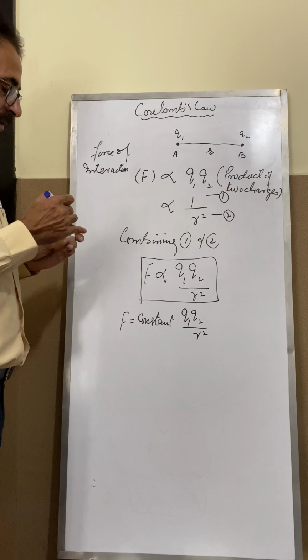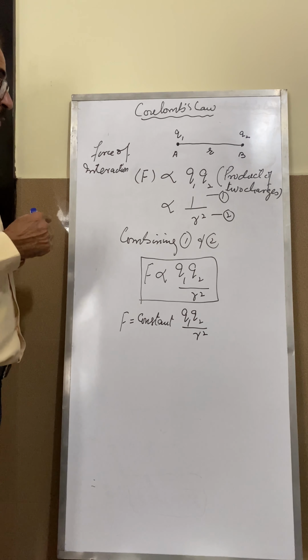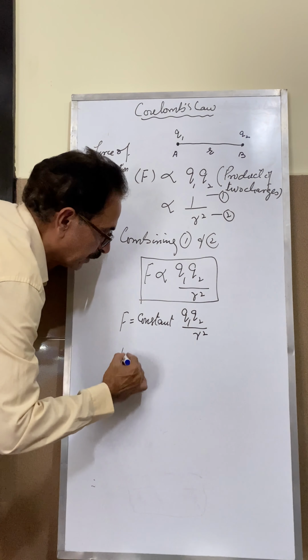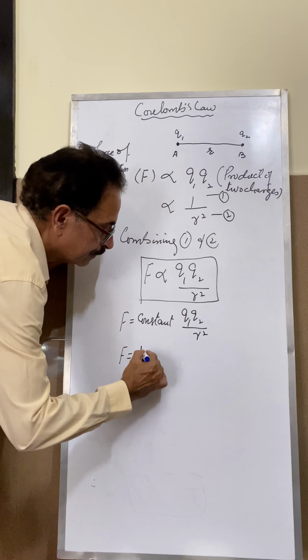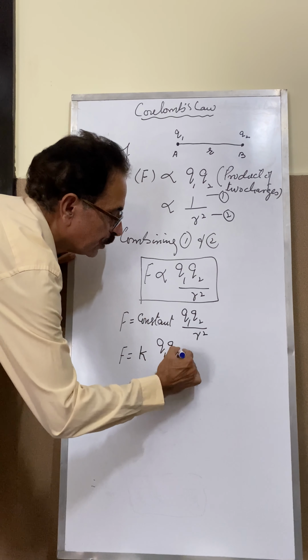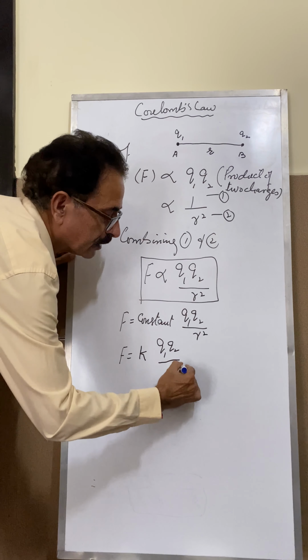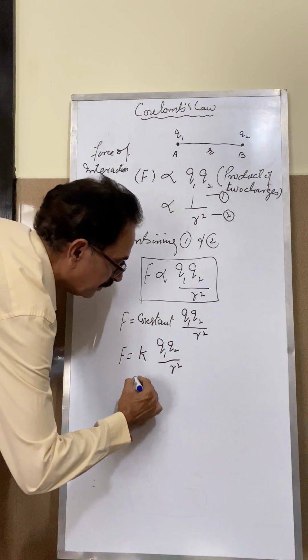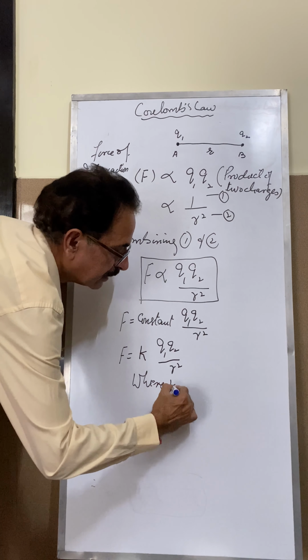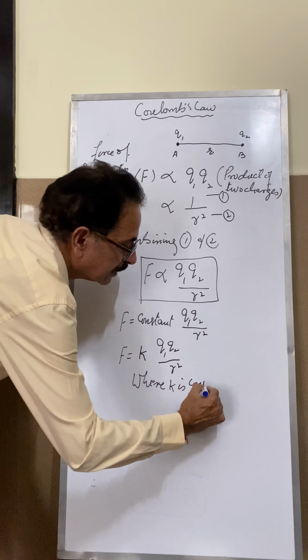This constant is denoted by K. That is, we write F is equal to K times Q1 Q2 upon R square, where K is the constant of proportionality.